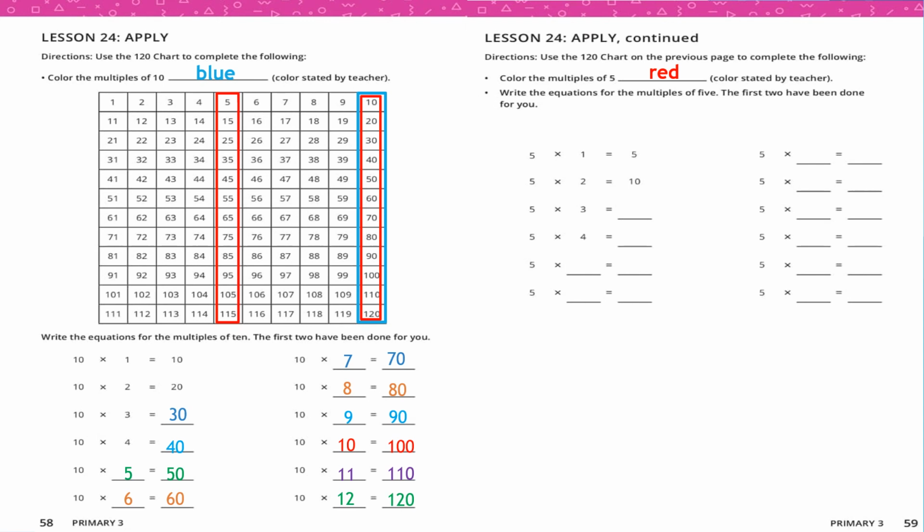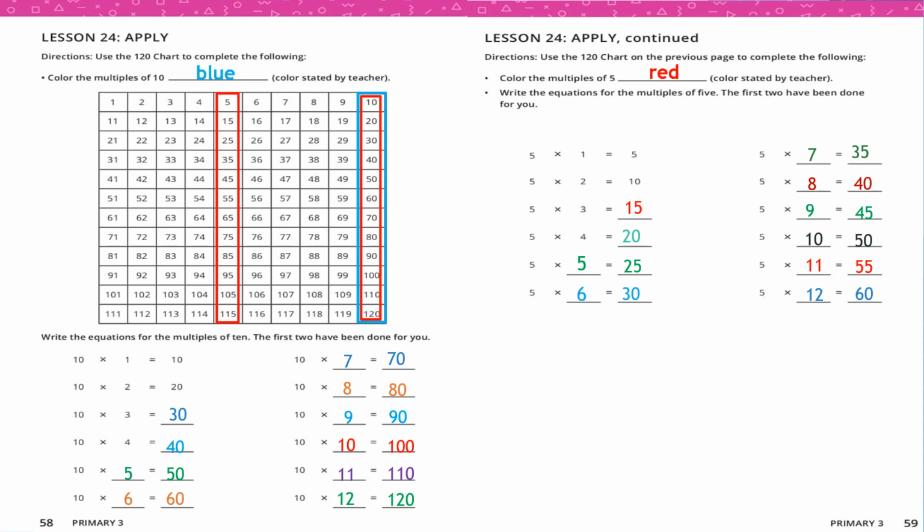5 times 1, 5. 5 times 2, 10. 5 times 3, 15. 5 times 4, 20. 5 times 5, 25. 5 times 6, 30. 5 times 7, 35. 5 times 8, 40. 5 times 9, 45. 5 times 10, 50. 5 times 11, 55. 5 times 12, 60.